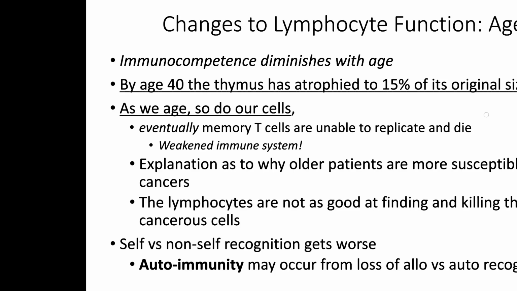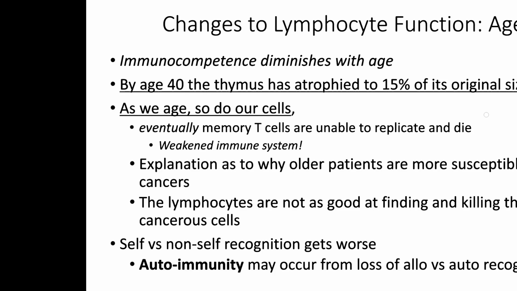Also, your memory T cells are unable to replicate as effectively as they were when you were much younger, which leads to a weakened immune system. This is why you have to take good care, especially in an elderly care setting, and be aware that older patients are much more susceptible to not only infections but also to cancers.